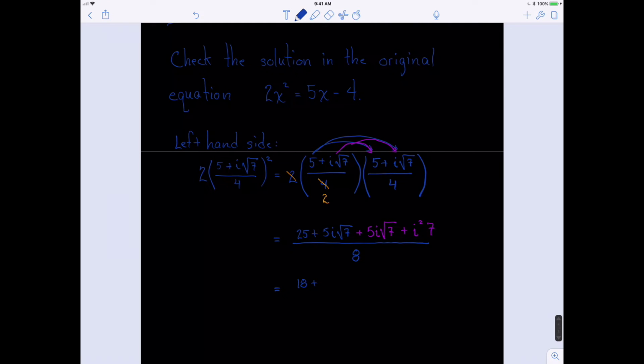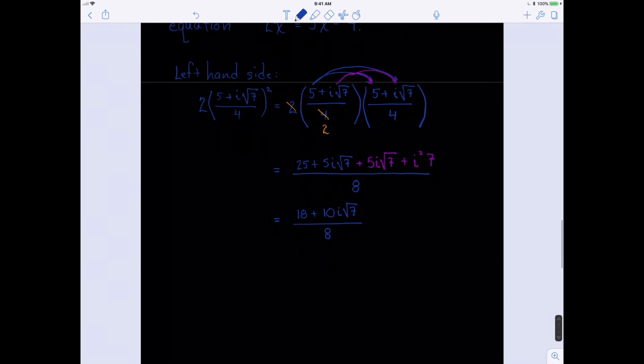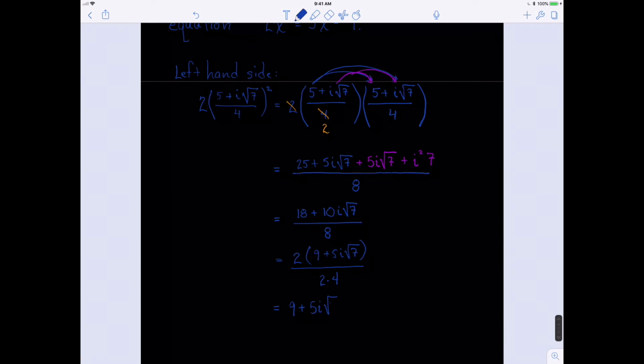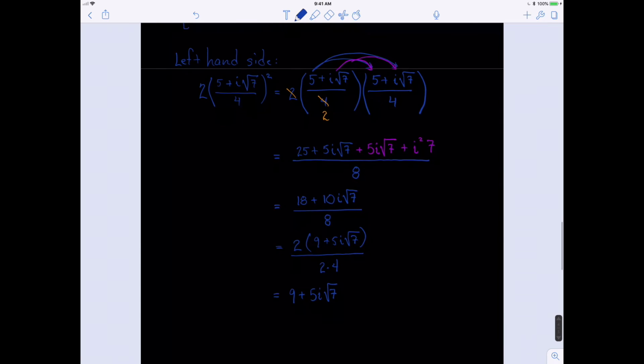So we have 10i square root 7, all over 8. Notice the numerator and the denominator are both even. So I'm going to write this as 2 times 9 plus 5i square root 7 over 2 times 4. And that reduces to 9 plus 5i square root 7 over 4. That's the left side of the equation.